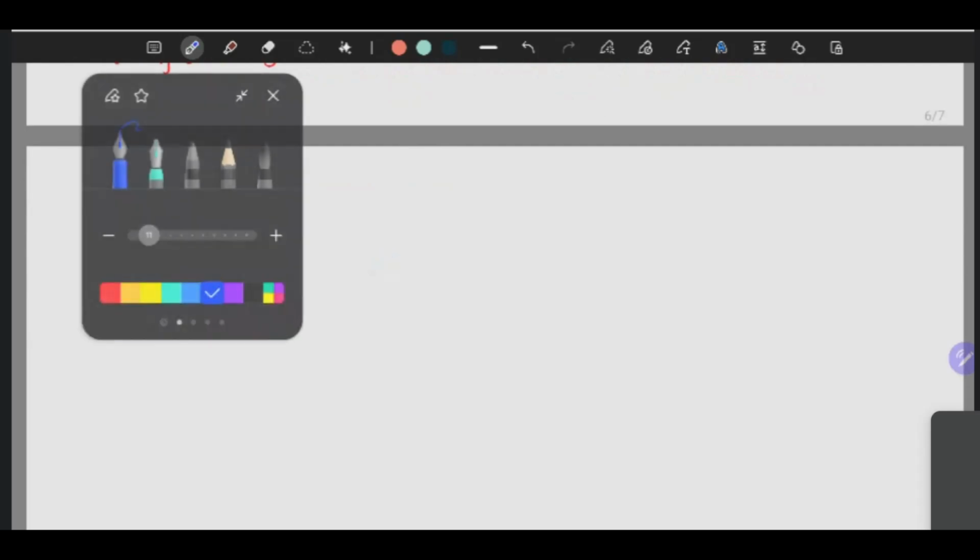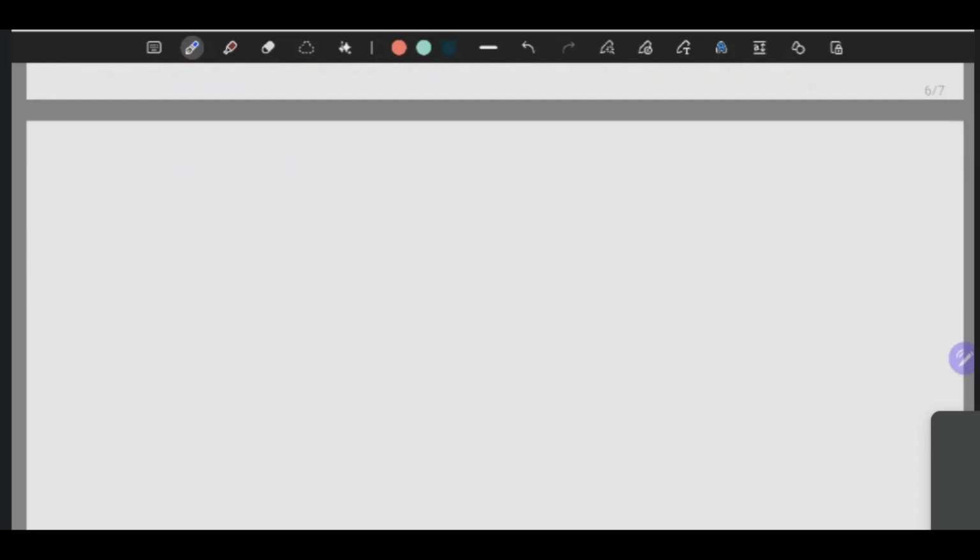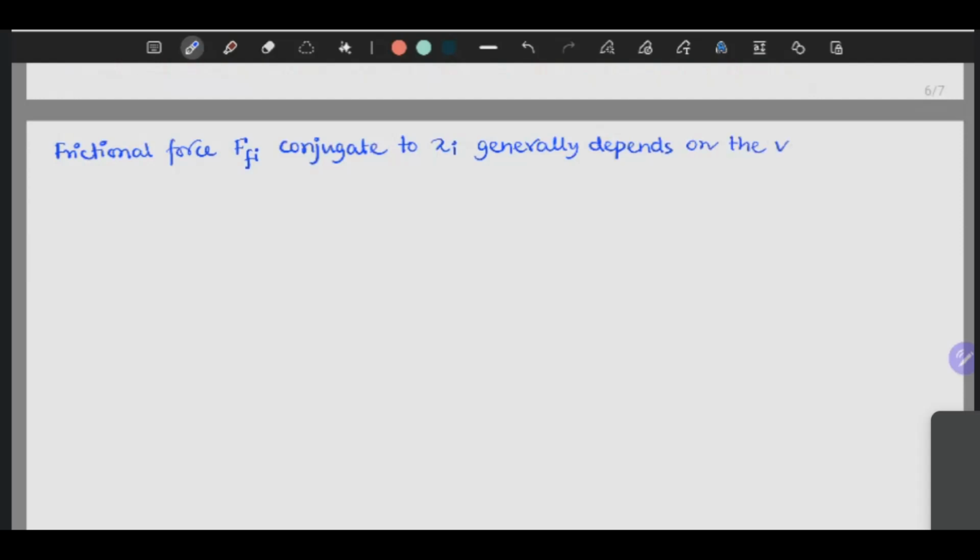Now generally, this frictional force Fi, which is conjugate to xi, generally depends on the velocity of other coordinates, xj dot.